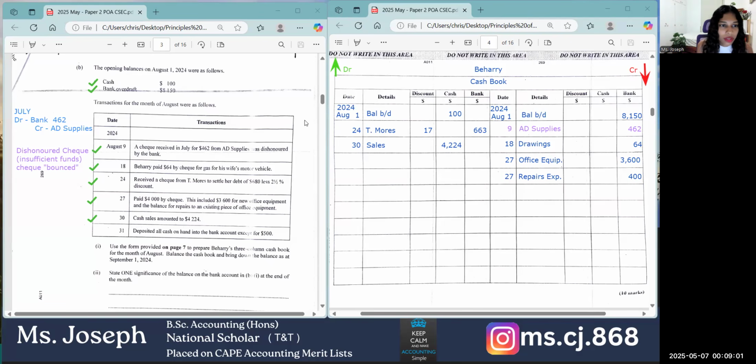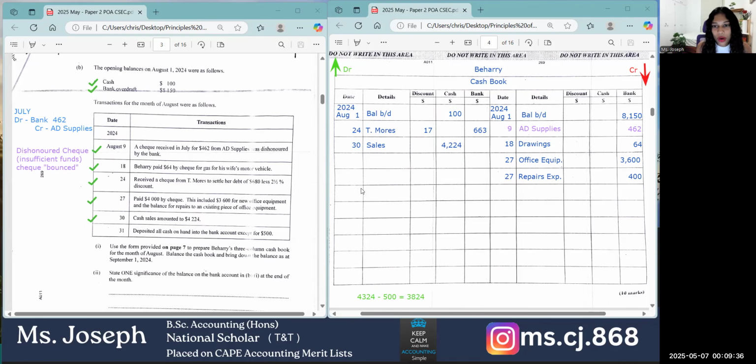The cash that we got was 100 we started with, and we received 4,224. So what we're gonna have here will be 4,324 minus $500. So we should have 3,824 that we're gonna move over to the bank.